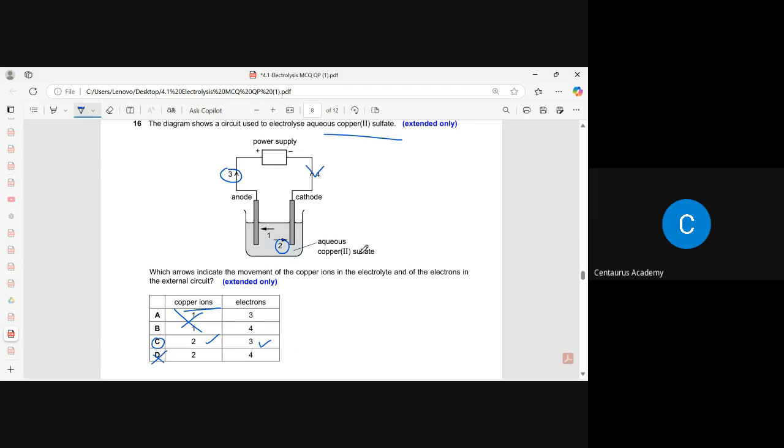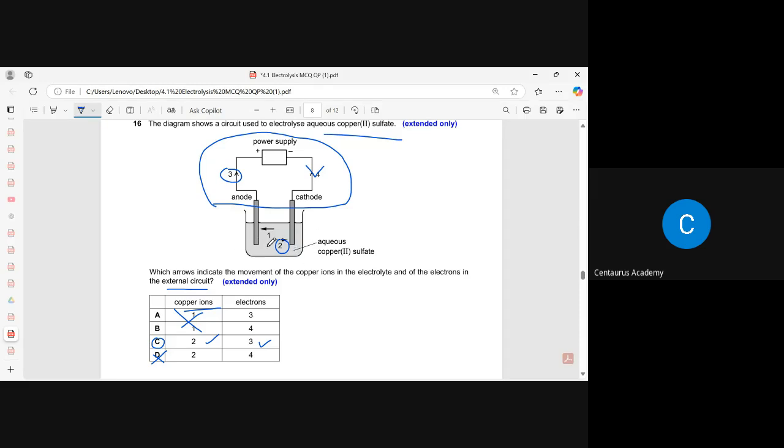Also, if some students don't get this part, the external circuit is basically whatever is present outside of this: the connecting wires and your power supply. When the electrodes are dipped within the electrolyte, there are only cations and anions moving within the electrolyte.